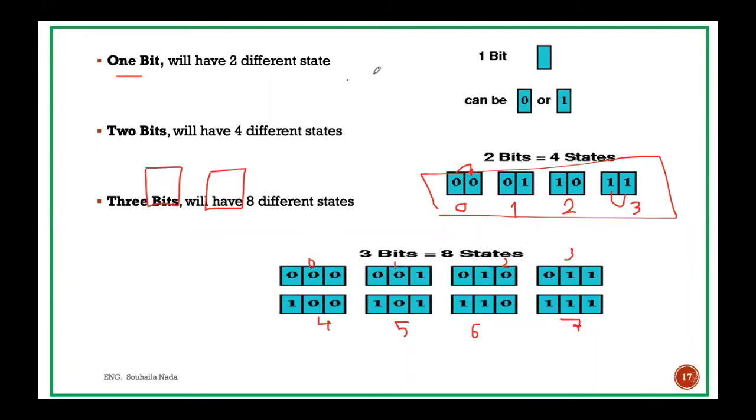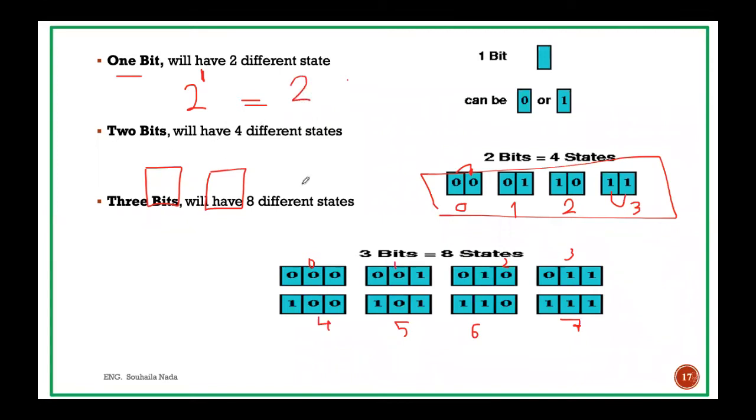How can we find the relation quickly? If we have 1 bit, we write base 2 to the power 1. The exponent here is the number of digits you have. So with 1 digit, 2 to the power 1 equals 2, so we have 2 different combinations.